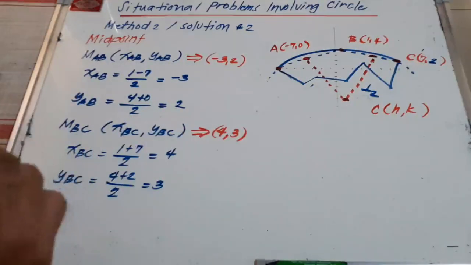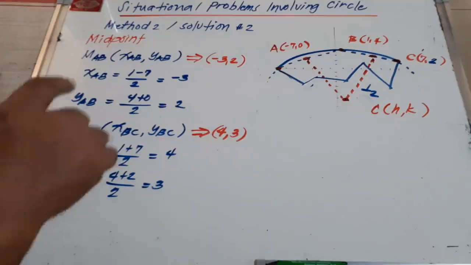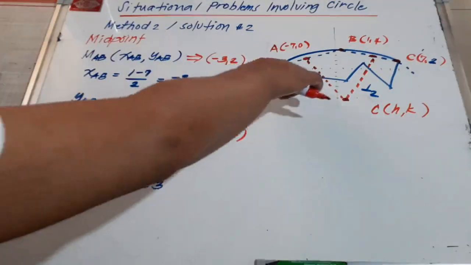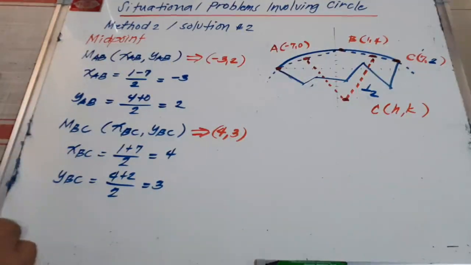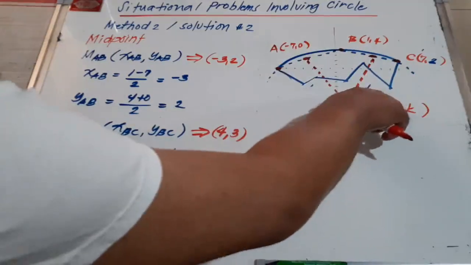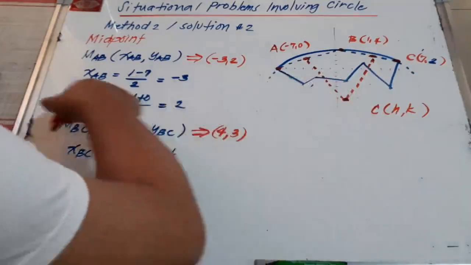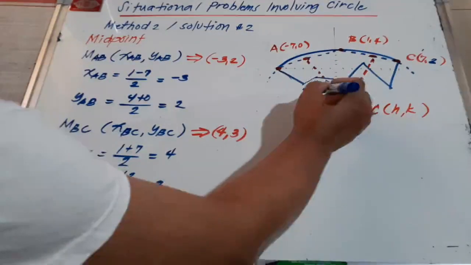Okay. Alam na natin yung midpoint. The next is, alamin naman natin yung slope of each chord or segment. Bakit? Para makuha natin yung slope of the perpendicular bisector. So, tawagin natin itong perpendicular bisector 1. Ito yung symbol ng bisector.